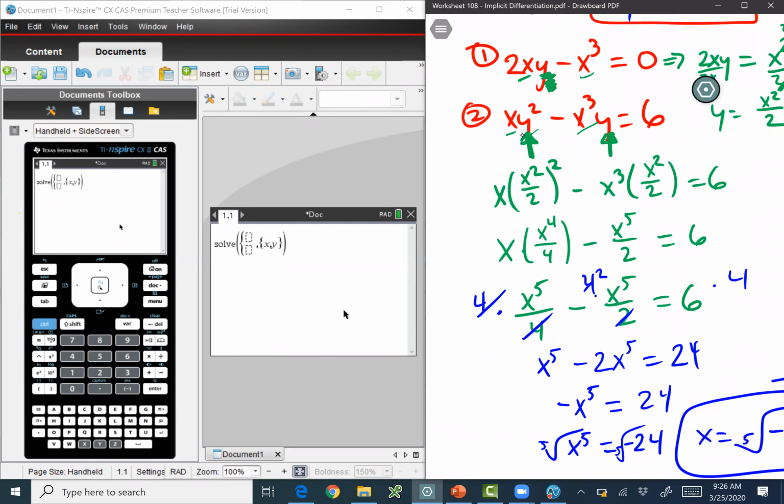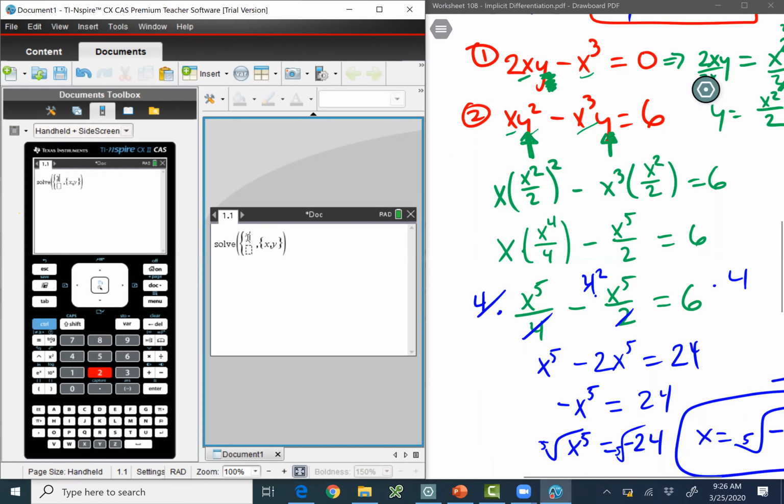So we would go ahead and type in 2xy minus x cubed equals 0. And then xy squared minus x cubed y equals 6.